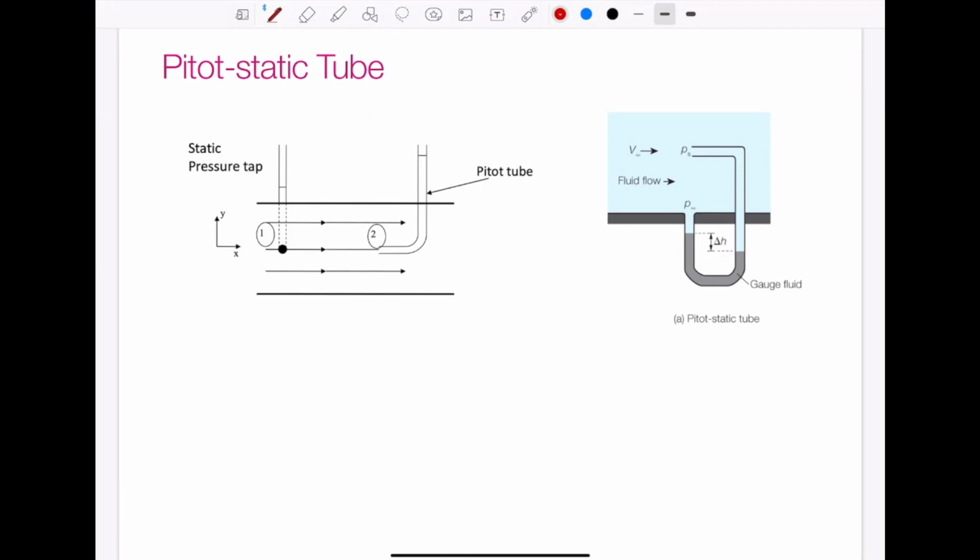In a pitot-static tube, fluid is brought to rest at the mouth of the pitot tube, right here.